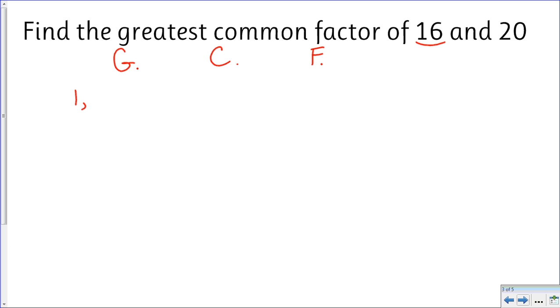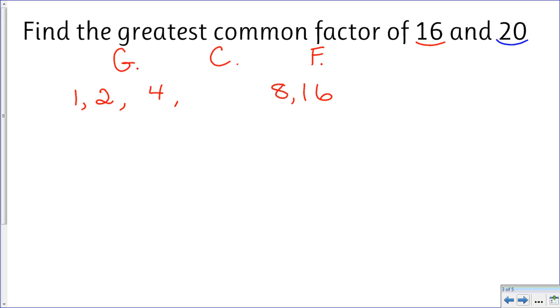Factors of 16 would be 1 multiplied by 16, 2 multiplied by 8 will give us 16, and 4 multiplied by 4 will give us 16. Since in our list we really aren't too worried about the repeated numbers, where we have 4 times 4, we can actually remove one of the 4s. So we end up with a list of 1, 2, 4, 8, and 16 as the factors of 16.